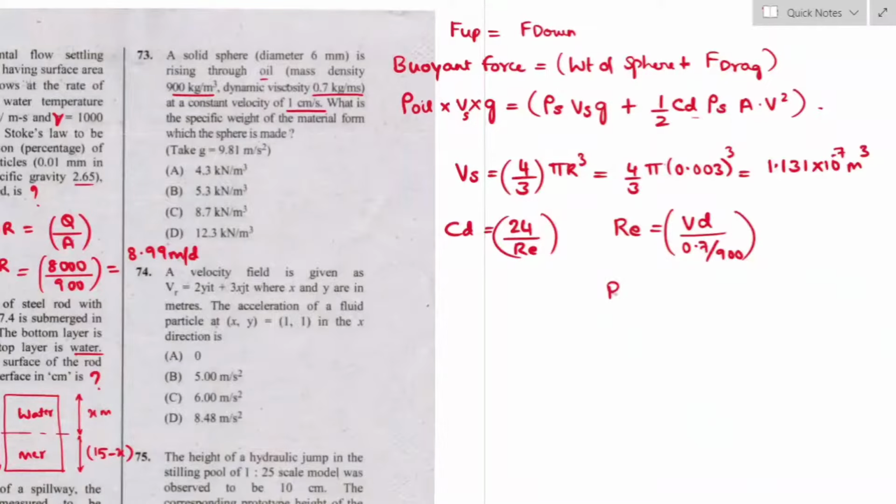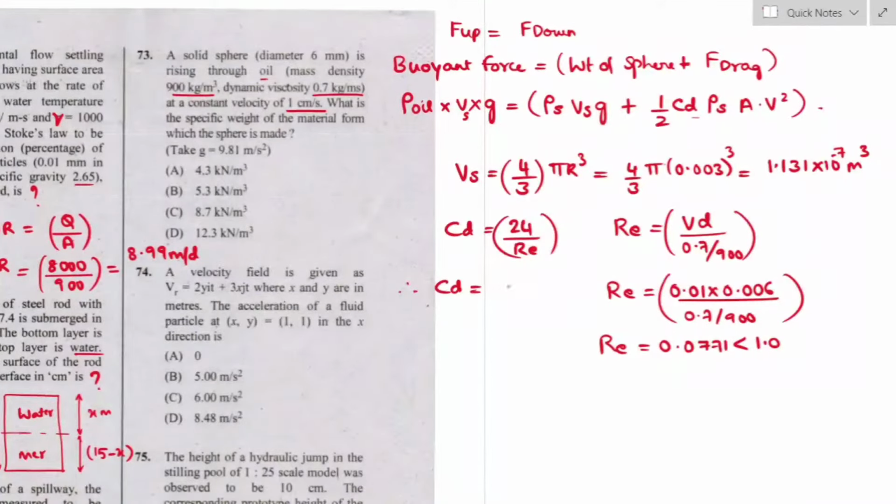So Reynolds number is equal to 0.01 into 0.006 divided by 0.7 divided by 900. So Reynolds number will be 0.0771, which is less than 1. By substituting this Reynolds number, the coefficient of drag will be 311.284.